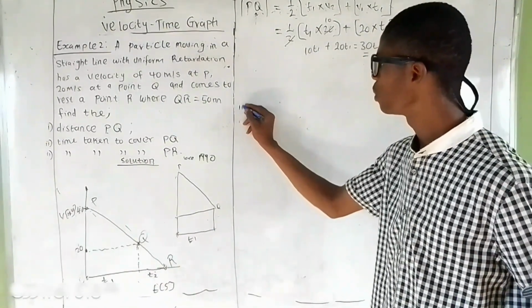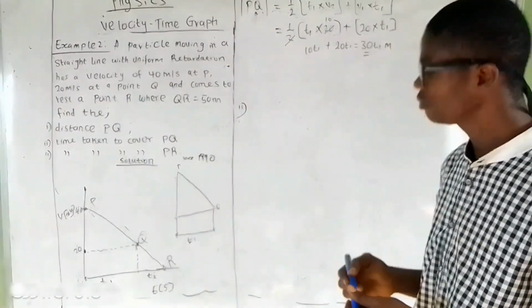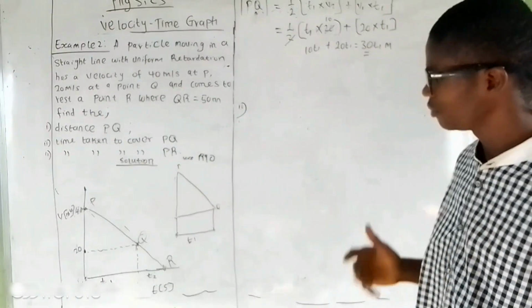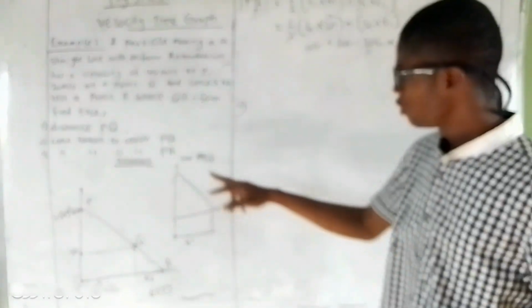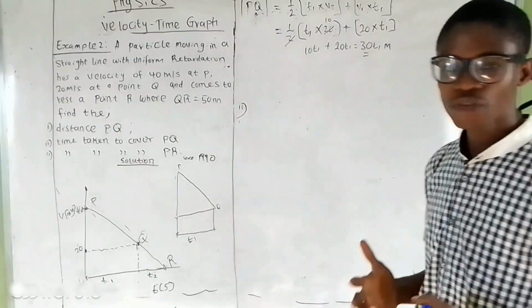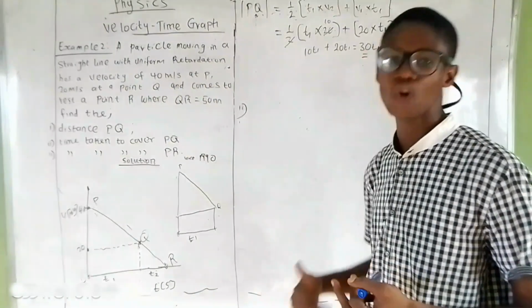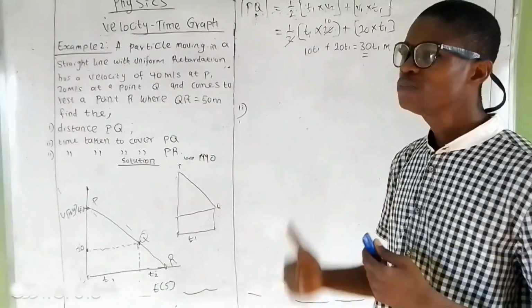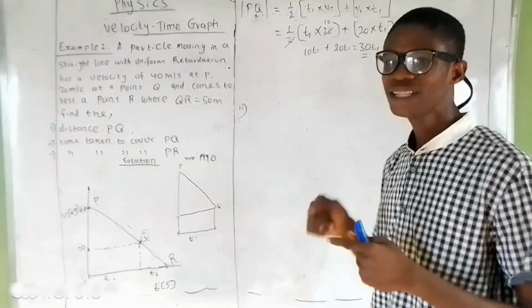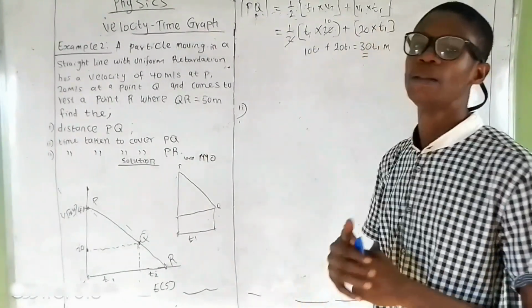Now let's move to the second, which is the time taken to cover PQ. First, what we should understand is that in a uniform deceleration or acceleration, the object changes velocity at the same rate no matter how small the time interval may be.